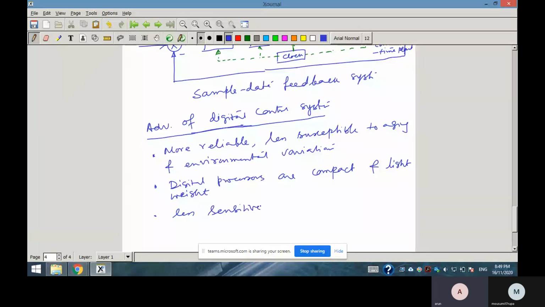Less sensitive to noise, and then implementation is easy.